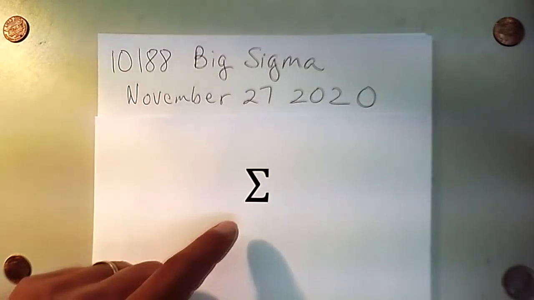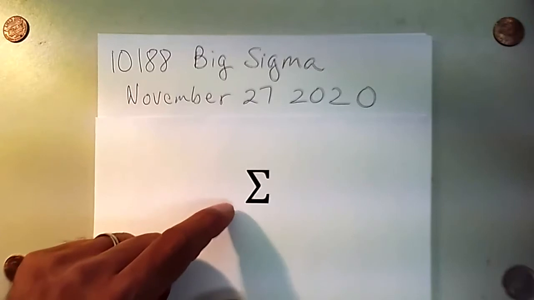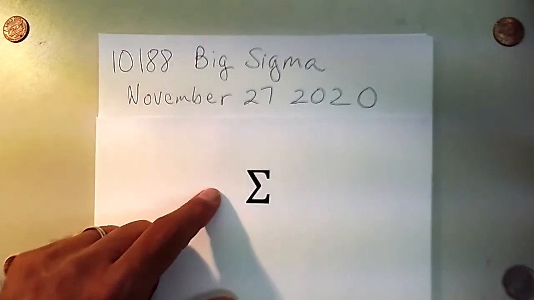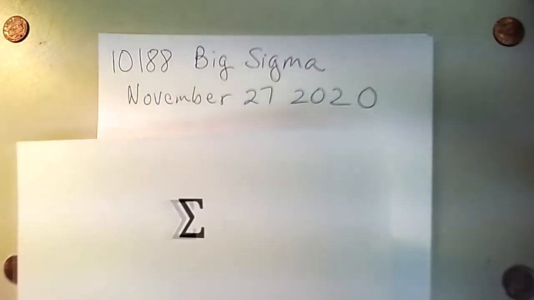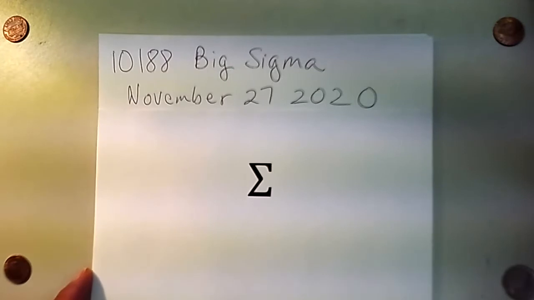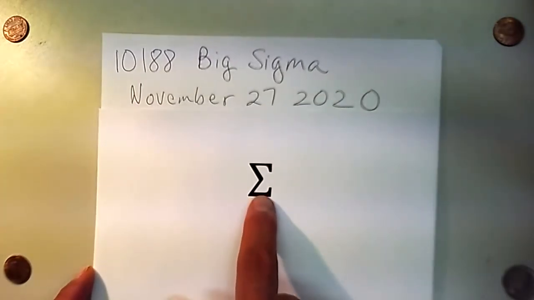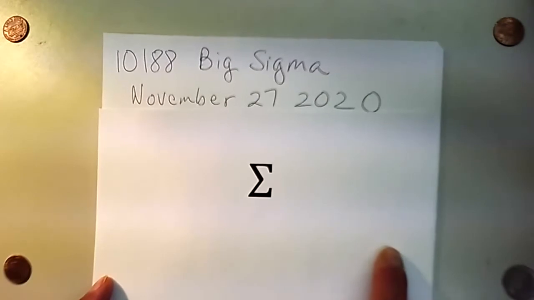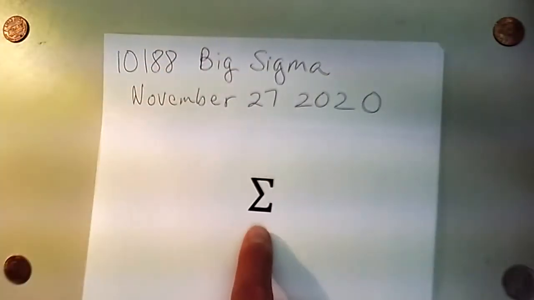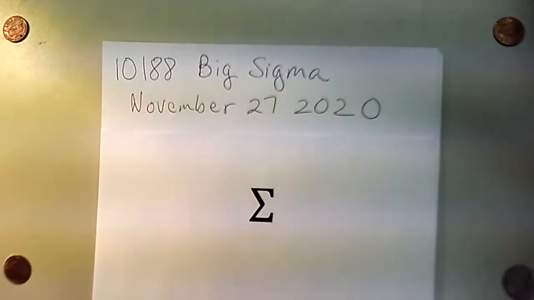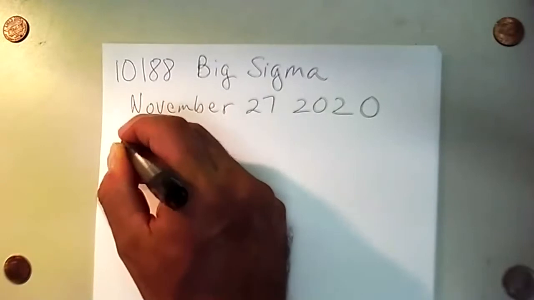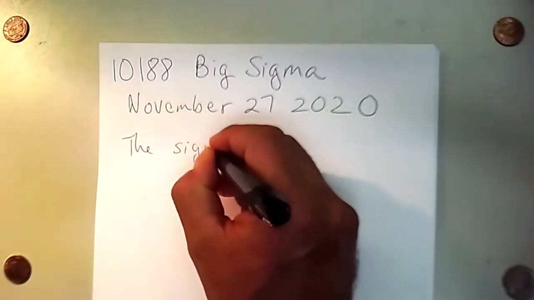In order to work with sigmas, we have to first understand sequences, which is what we covered in a previous video. What we do with a sigma is add elements of a sequence. So this sigma notation is used to add several elements of a sequence.